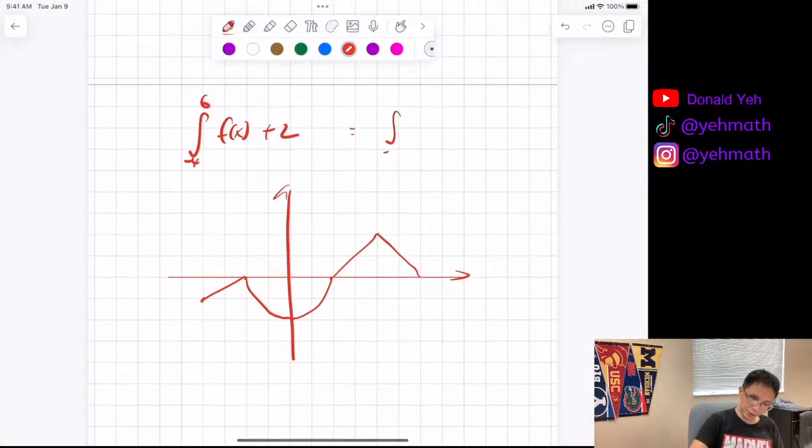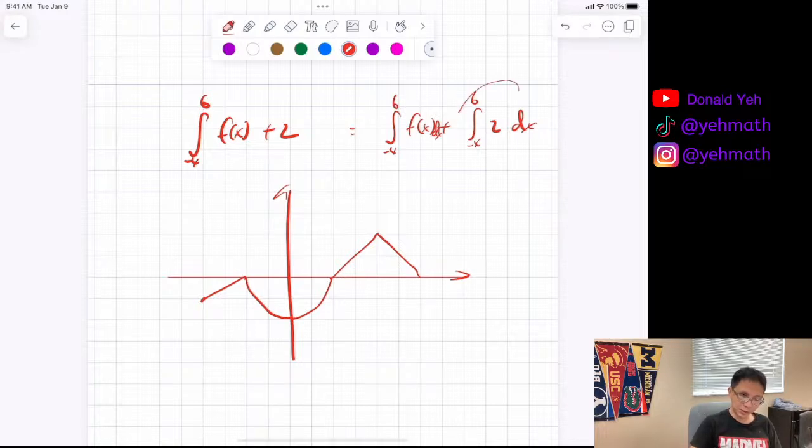So that's the integral from -4 to 6 of f of x plus the integral from -4 to 6 of 2 dx. Did you understand that part? You always have dx. So this one is very easy.